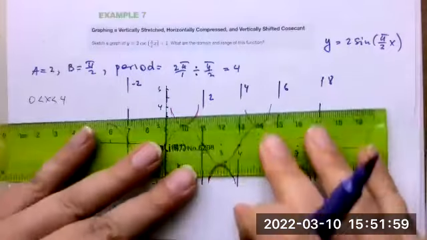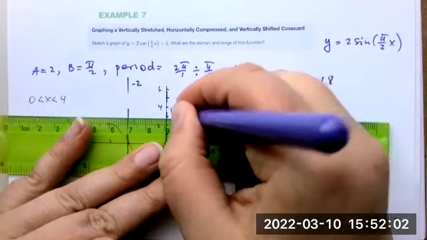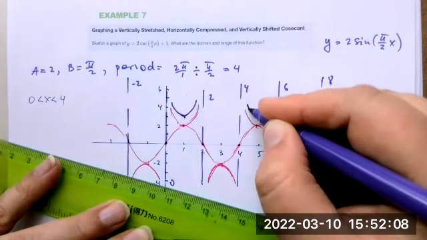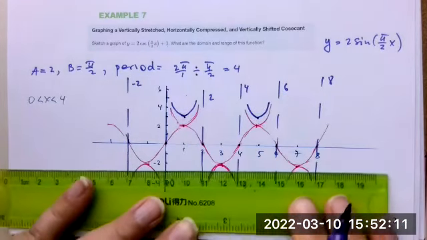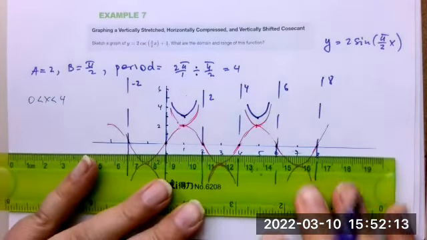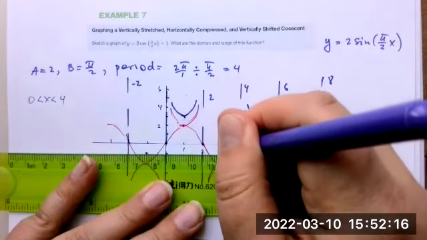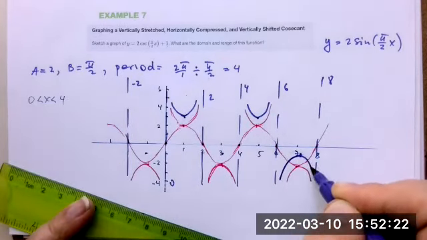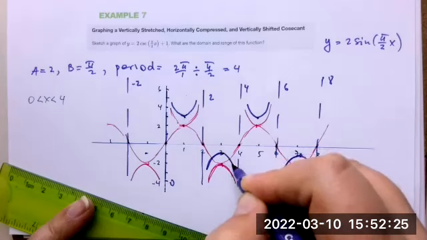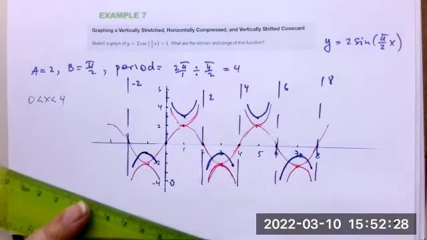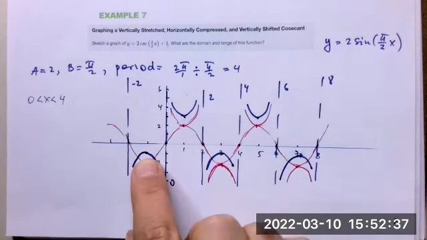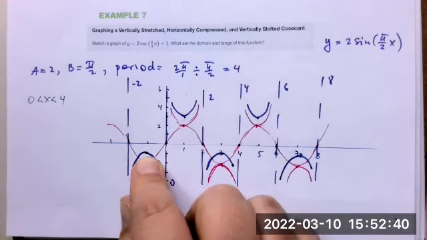Where the maximum is, go up and up, and here down, down, and down. And this is the final graph of my cosecant function, the one in dark purple.